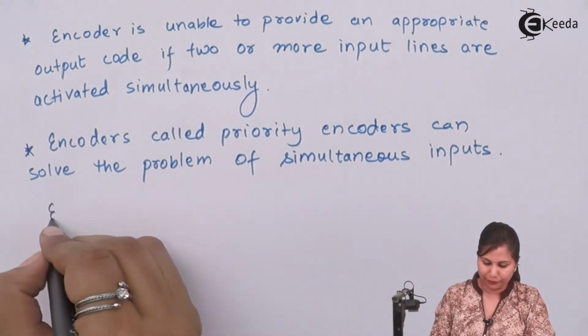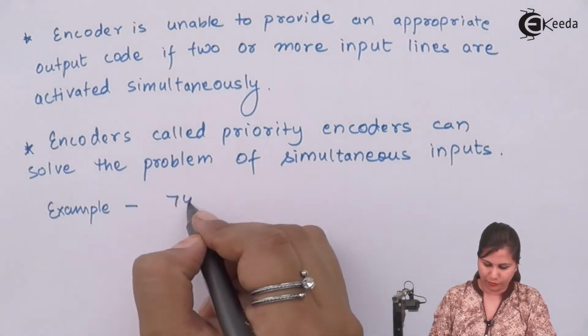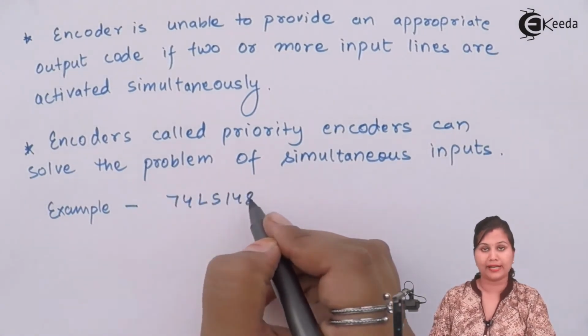Let's take an example of it: the 74LS148 priority encoder.